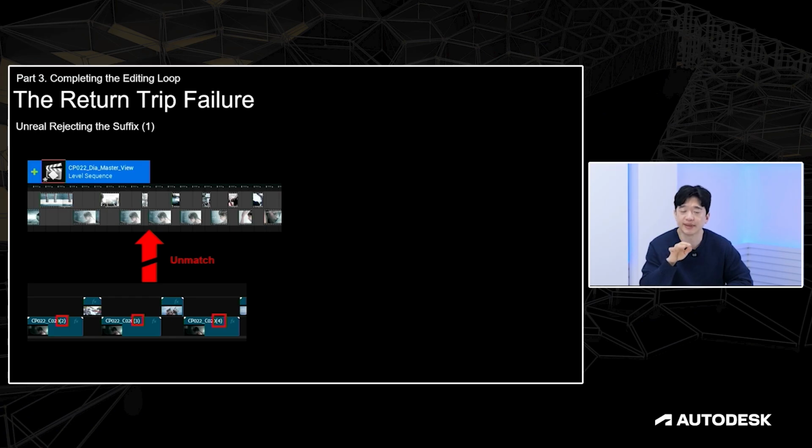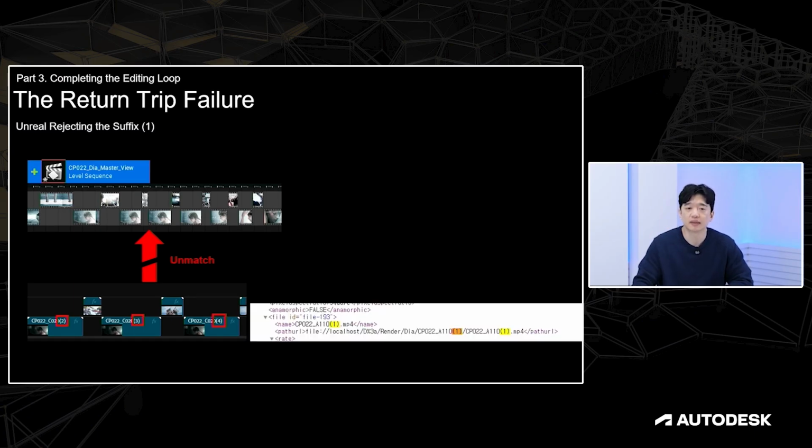When we open the XML that goes back to Unreal, we see the parenthesis 1 suffix in the file names. These suffixes were added only during export to avoid file name conflict. They were never real Unreal asset names. Inside the Unreal level sequence, there are no subsequences with parenthesis 1 in their names.